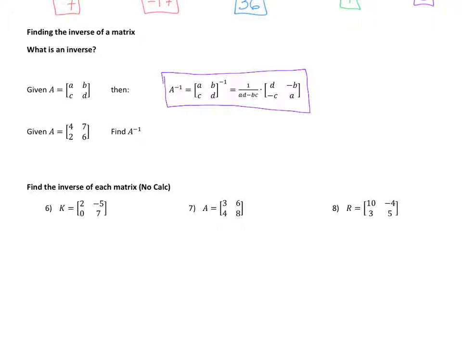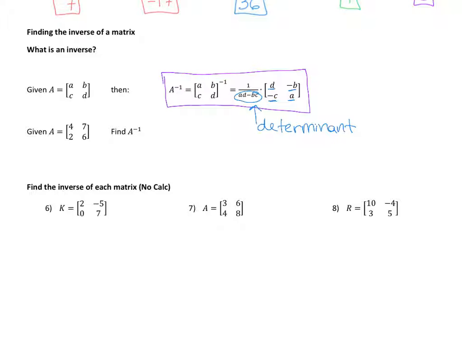Now, if you remember from above, AD minus BC, that's the determinant. So 1 over the determinant times, you're going to flip your A and your D, and then make your B and C negative.